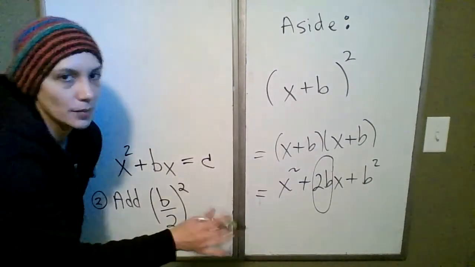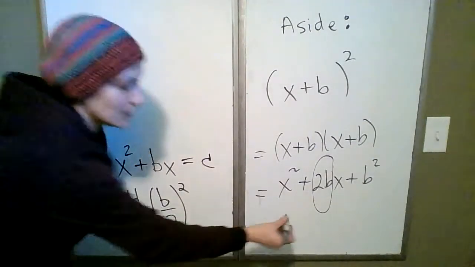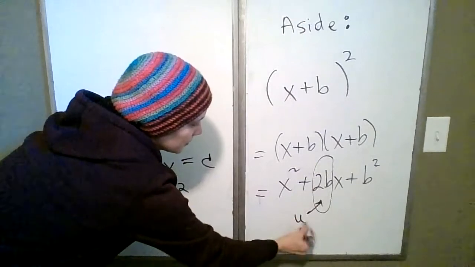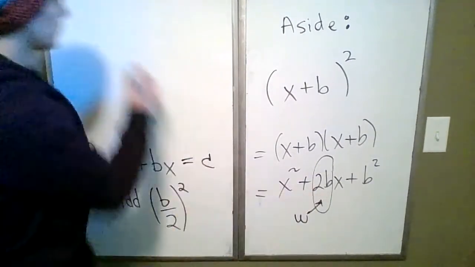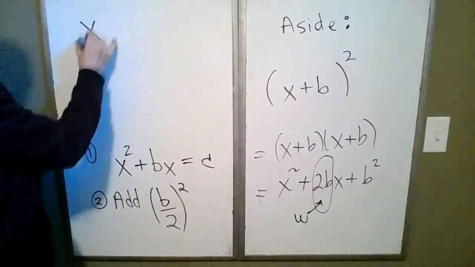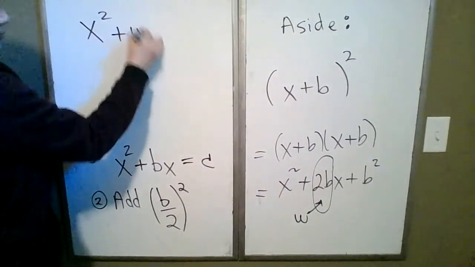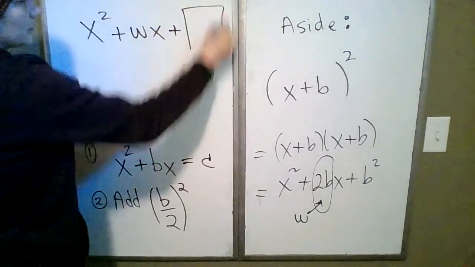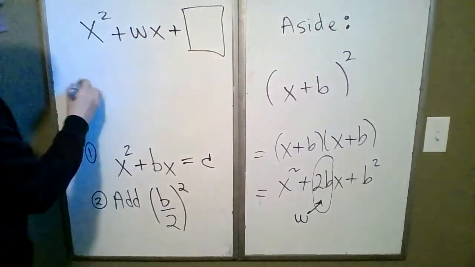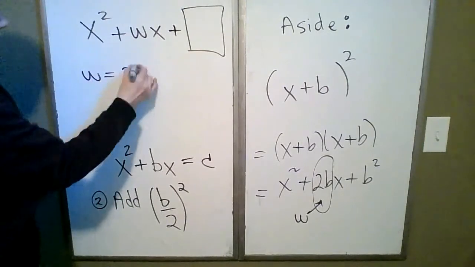Let's just call this w. Okay, so you have this value w right here, like x squared plus wx plus something. Okay, w is 2b.